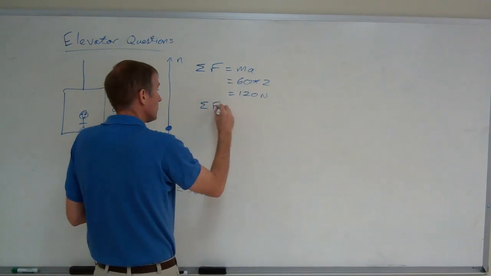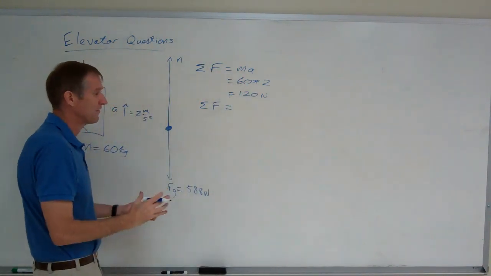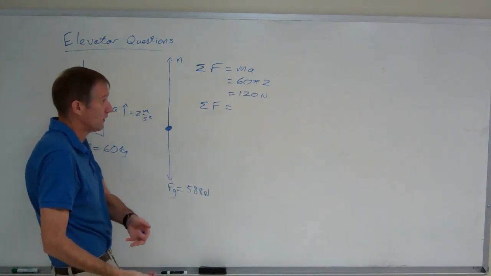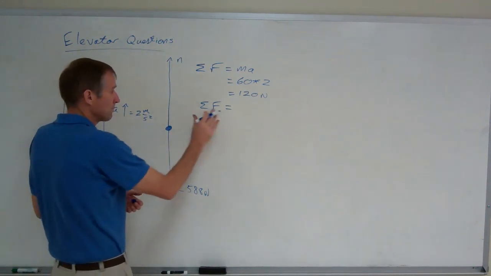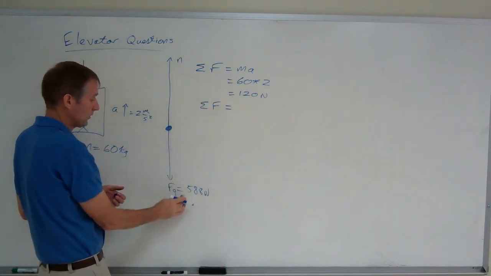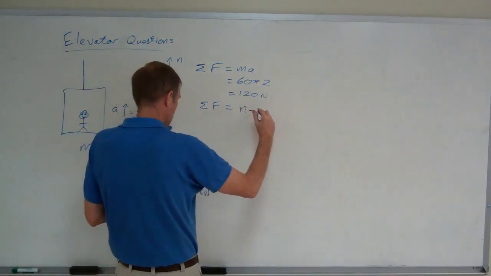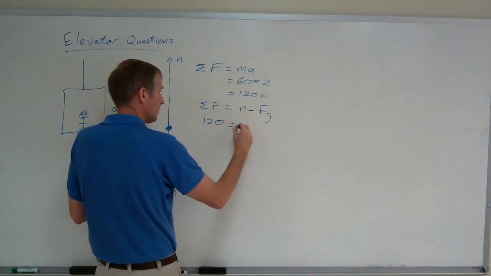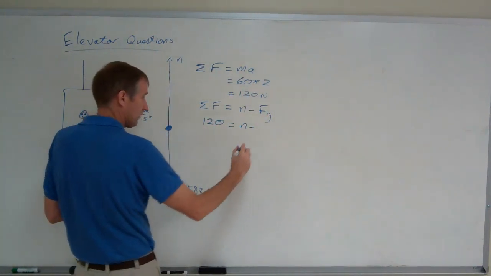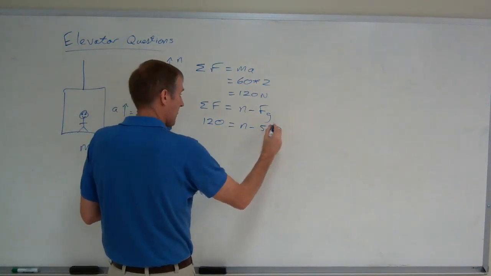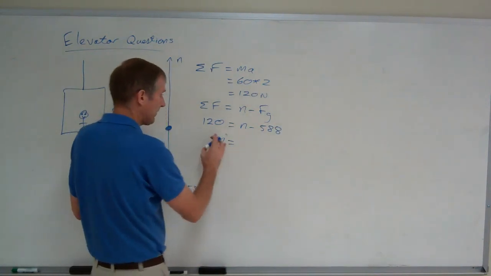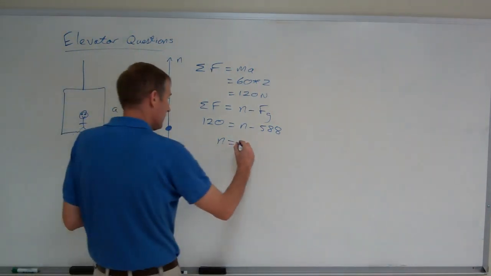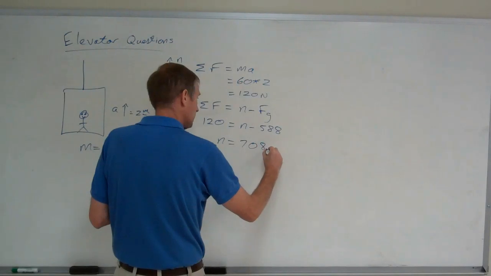Remember that Newton's second law is not the definition of net force, it's just that net force causes a mass to accelerate. Thank you, Isaac Newton. In this case, the net force is the difference between these two forces, normal force minus weight. So 120 equals the normal force minus a weight of 588. You solve for the normal force by adding 588 to the other side, and that comes out to be 708 newtons.